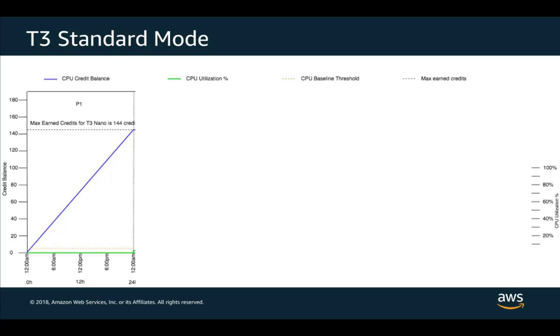Again, the formula is the number of vCPUs per instance size multiplied by the baseline CPU percentage multiplied by 60 minutes per hour and then 24 hours per day. So you multiply all that, you get 144 CPU credits. That's the size of the bucket for the max number of CPU credits this instance size can earn.